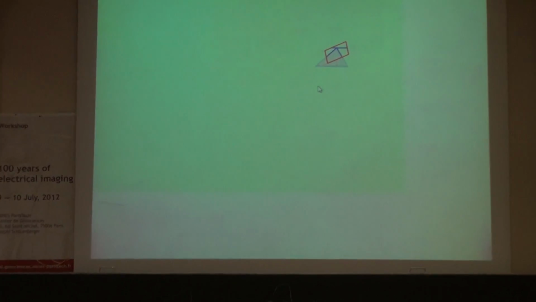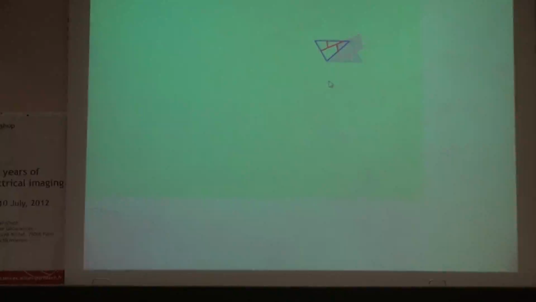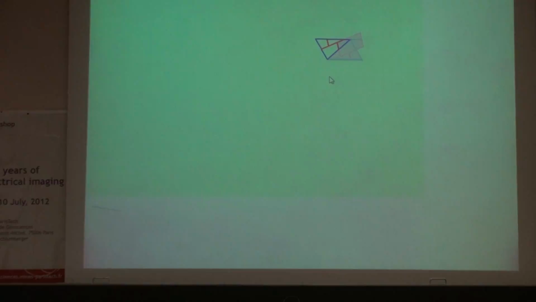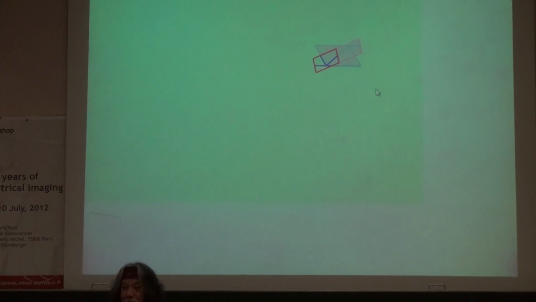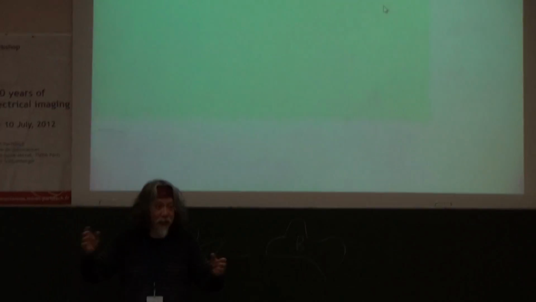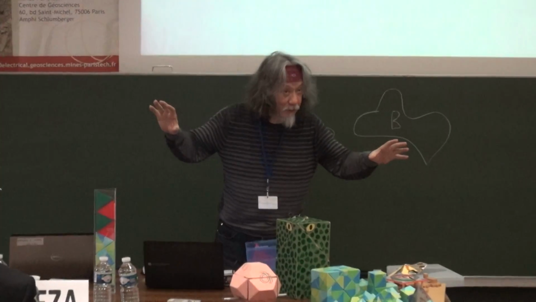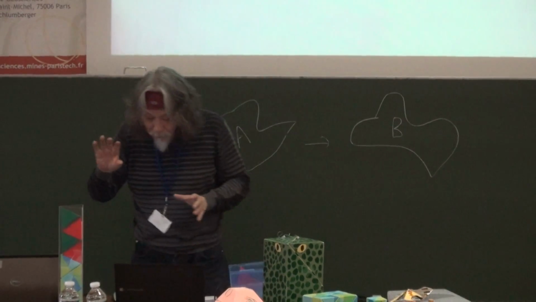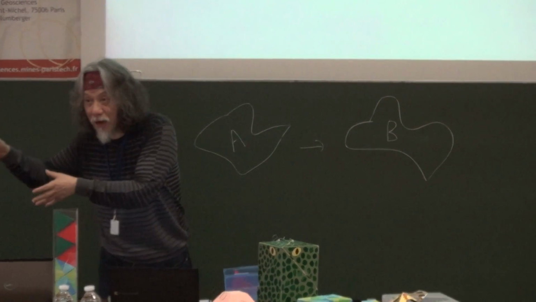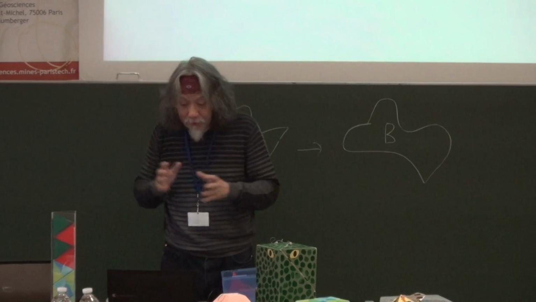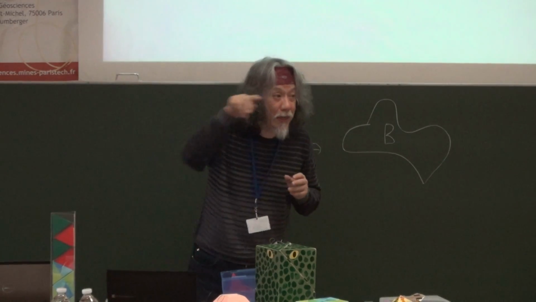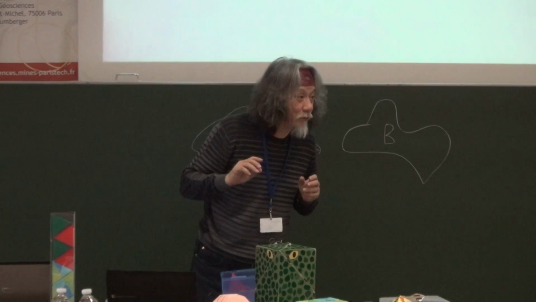And next, the red parallelogram to the blue triangle. Blue triangle to red parallelogram. And repeat. Then you will see two tilings. One by the red parallelogram and the other by blue triangles.